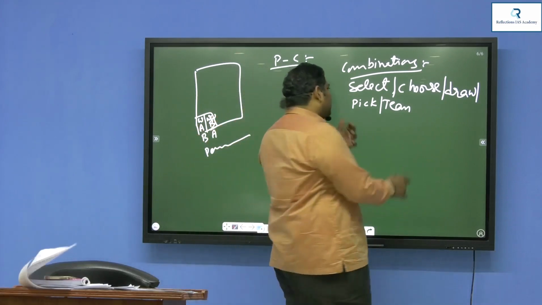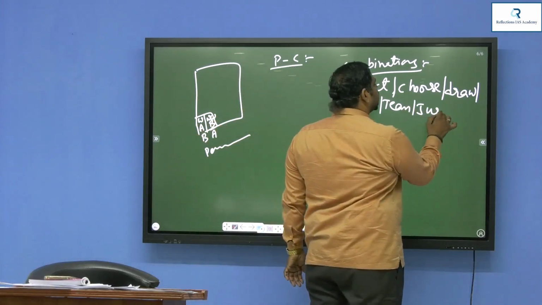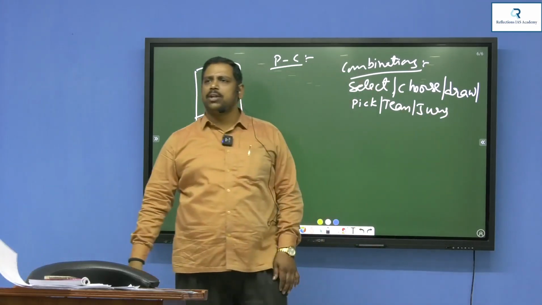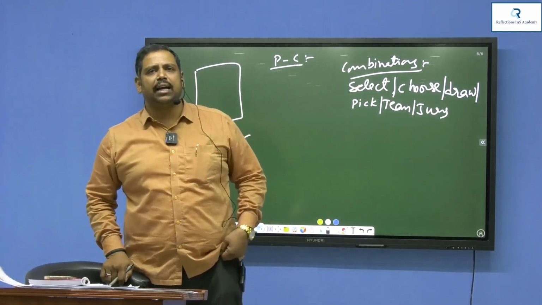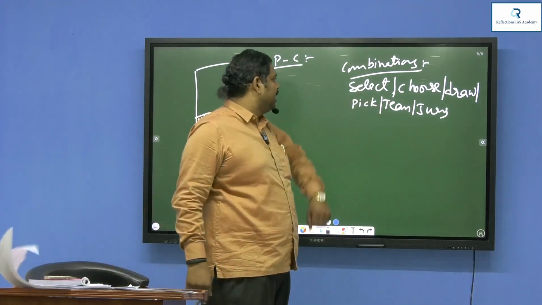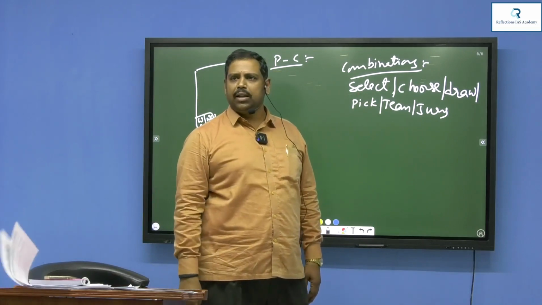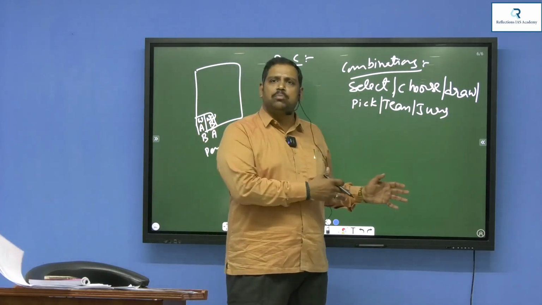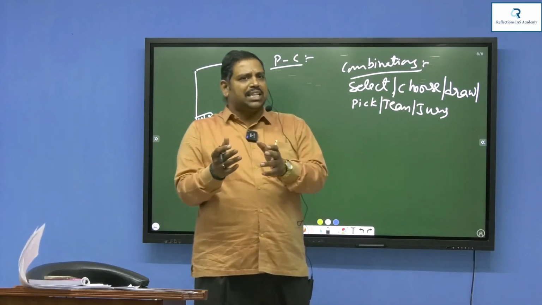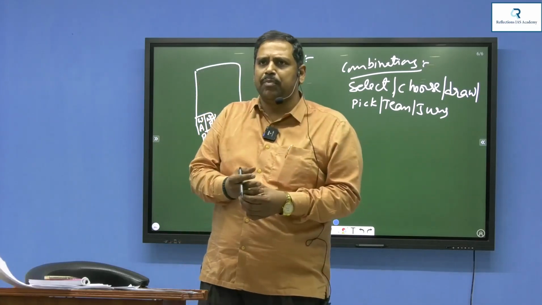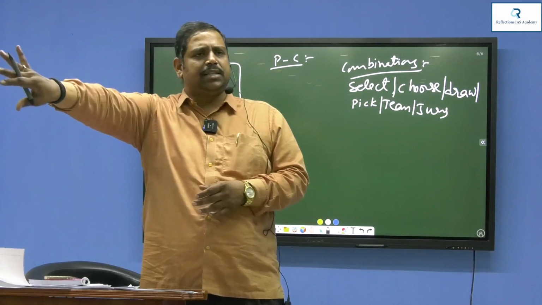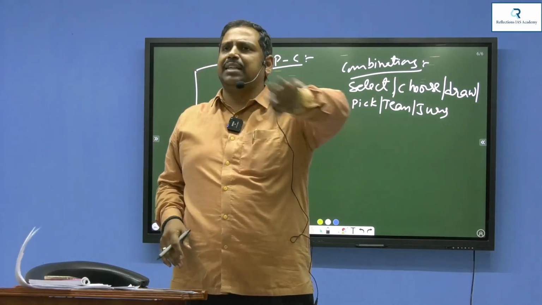Another name for team is jury. Jury member, jury panel, right? Suppose I want to form a committee to give some suggestions to BCCI. I want some batsmen, bowlers and all-rounders. There are 10 batsmen, 8 bowlers and 3 all-rounders.